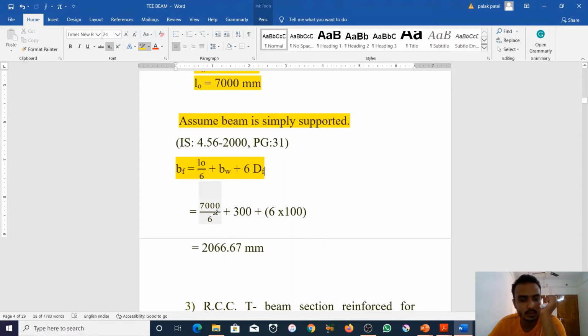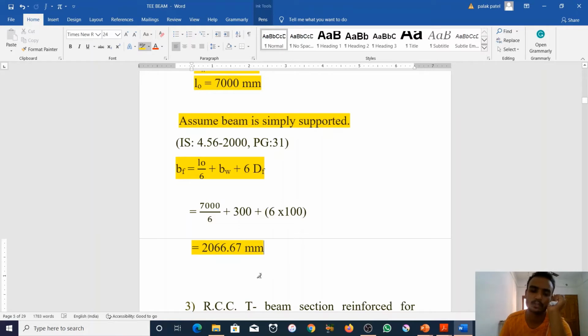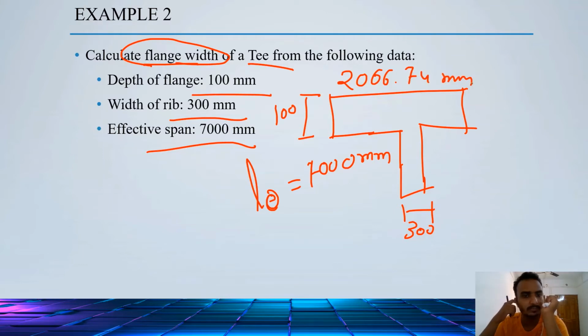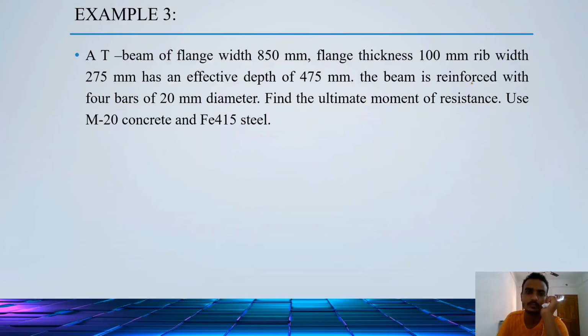L0 is 7000 by 6, where bw is the width of web, 300, plus 6 into depth of flange. So we got a value 2066.67 mm. So we have found the flange width.